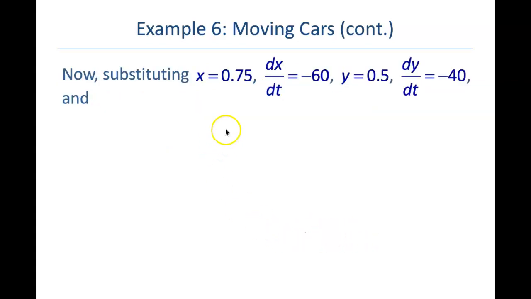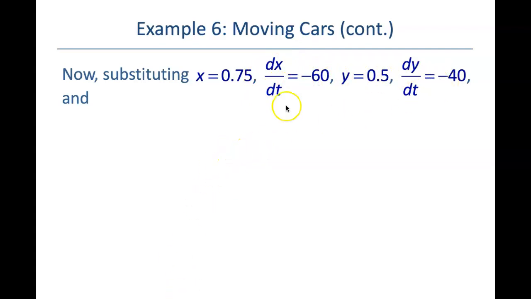All right, so if you substitute in x is 0.75, dx/dt is -60, y is 0.5. Again, these are the distances that they gave us. The distance that one of the cars was from the intersection was 0.75 miles, and the other one was 0.5 miles. And the speed with which its distance was changing was 60 miles per hour, and this one was 40 miles per hour.